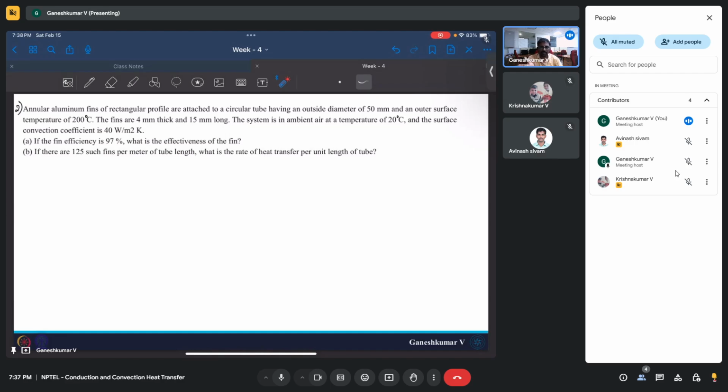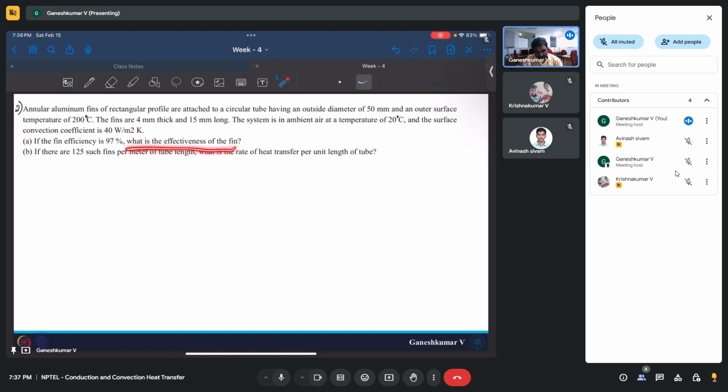Here we can assume it to be convective, a more practical application. So the fin efficiency is given as 97 percent, so there's no problem. It will simplify our calculation, so we need not remember the big heat transfer from the fin formulas. We can just use the fin efficiency expression to find the heat transfer through the fin.